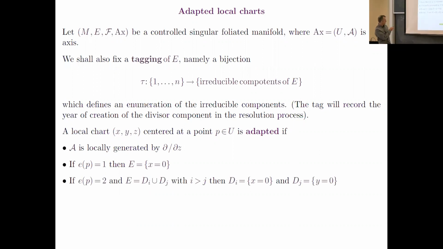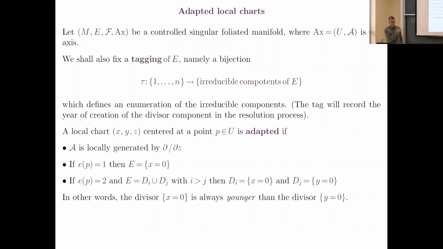And if you have two components of the divisor, say Di and Dj with i greater than j, it means that the component Di appeared in the resolution process later than Dj, and then they should be defined respectively by x equals 0 and y equals 0. So it means that the divisor x equals 0 is always younger than the divisor y equals 0. This will be important.